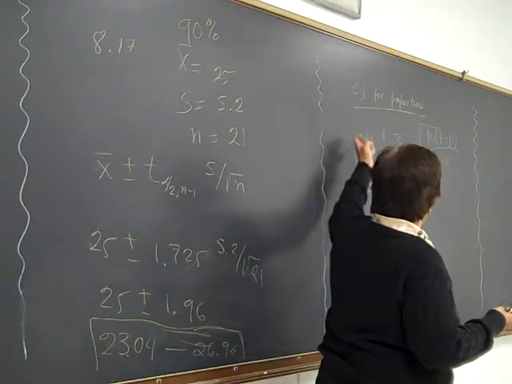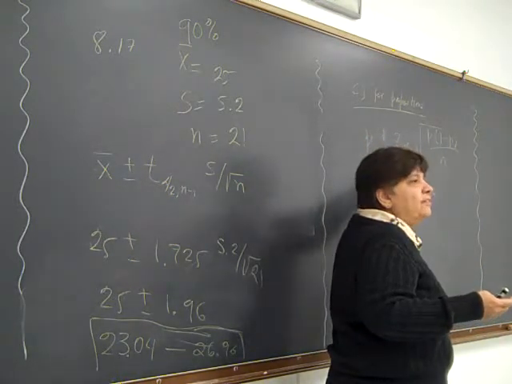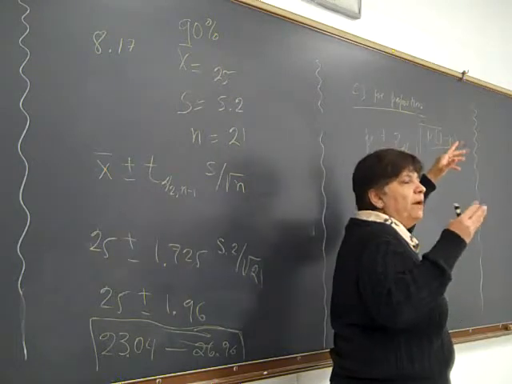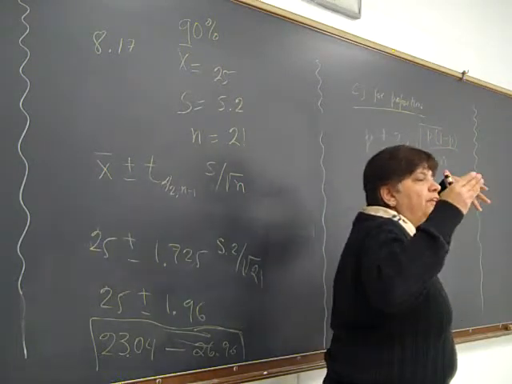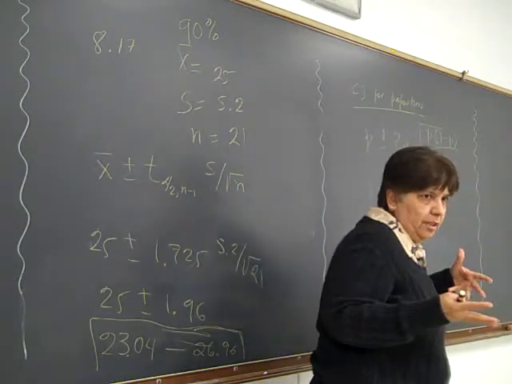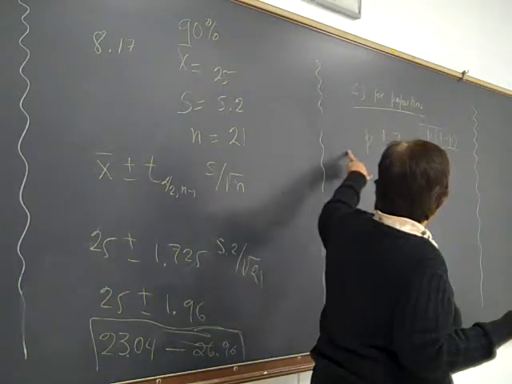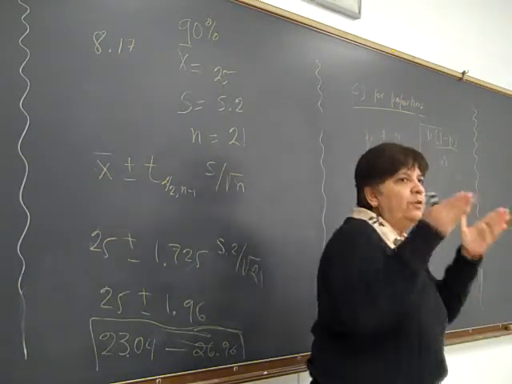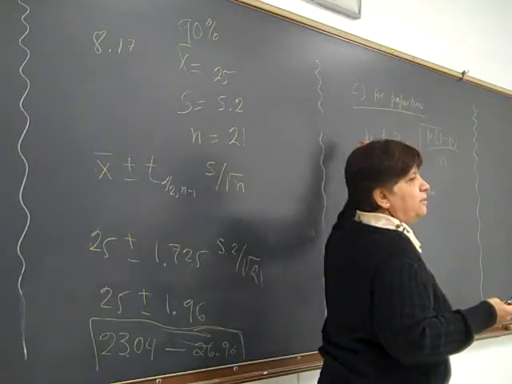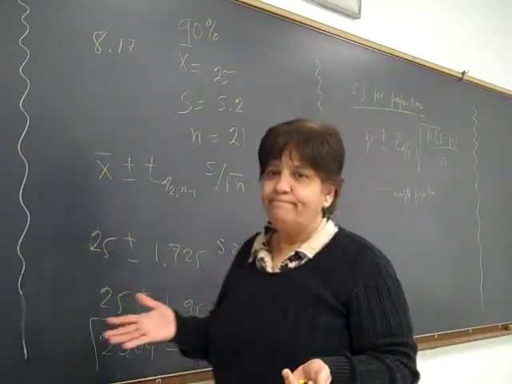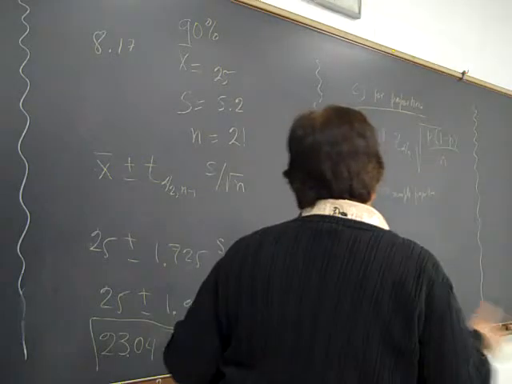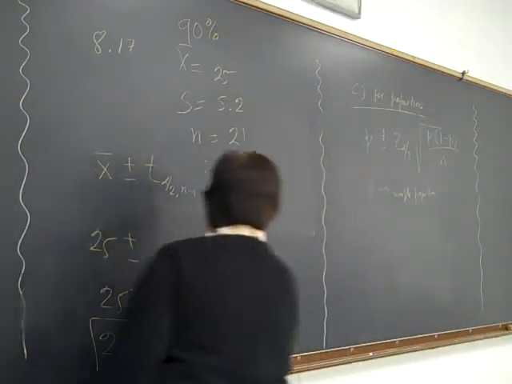The Z of alpha divided by 2 gives us the confidence level that we are using. And we're saying that the real population proportion is in this range. That's it, guys. As simple as that.